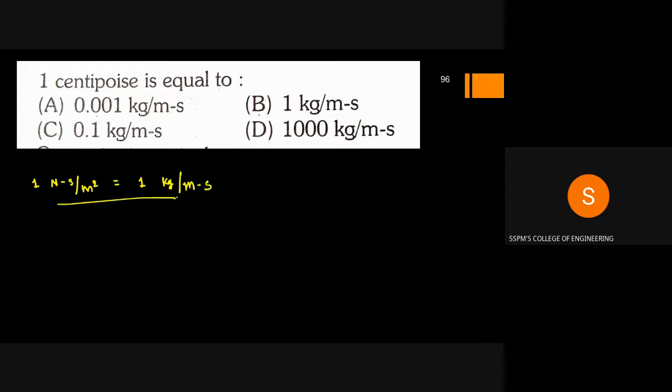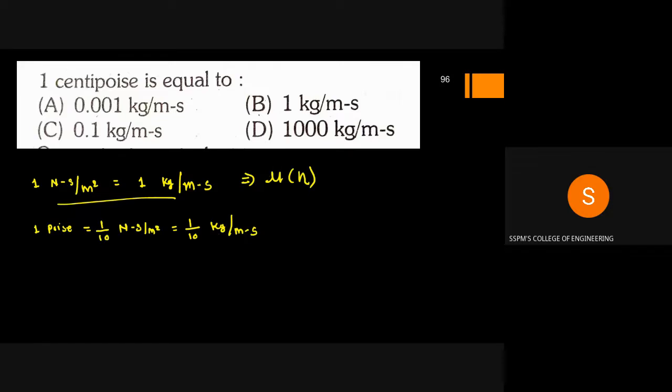Both are SI units for the dynamic viscosity, that is mu or eta. Now 1 poise is equal to 1 by 10th of Newton second per meter square, or 1 by 10th of kg upon meter second.